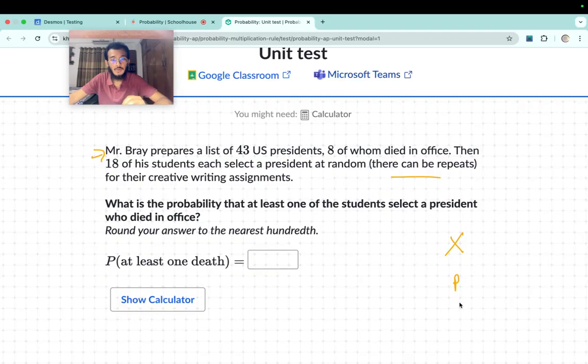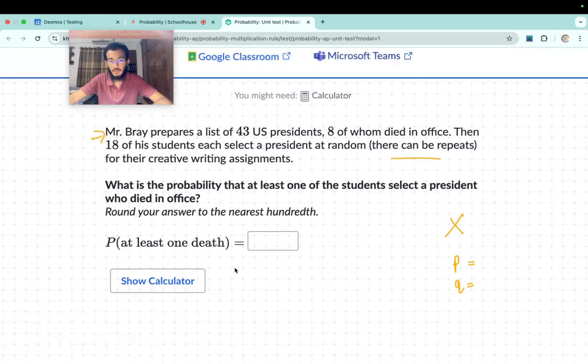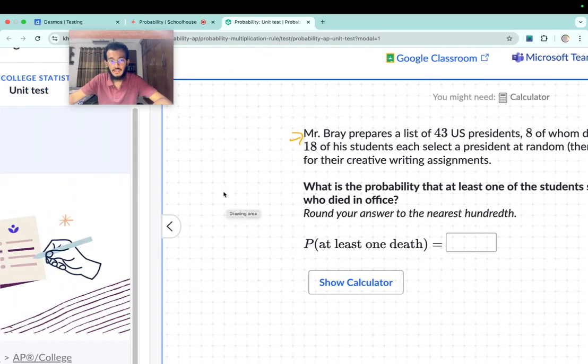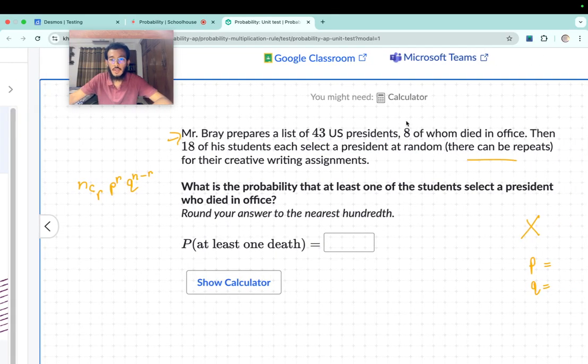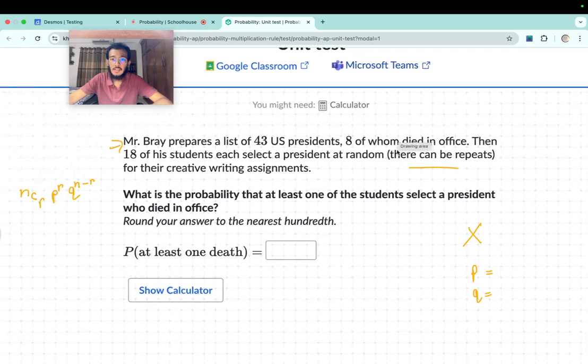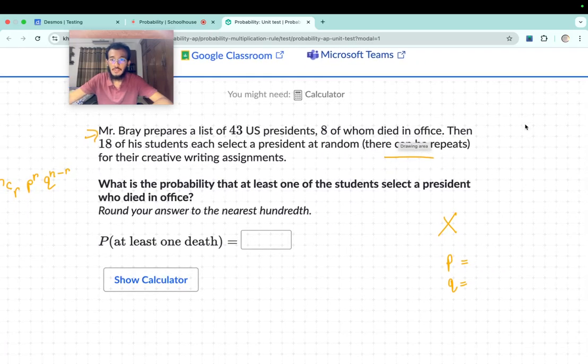We use the letter p to denote the probability of success and q to denote the probability of failure. The binomial formula is nCr p to the power r q to the power n minus r. Eight of whom died in office. In total, we have 43.